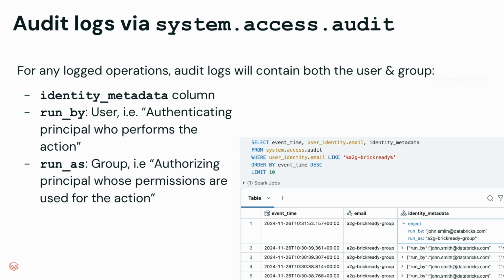The run by is the authorizing principal, so single user or group, and then the run as is whoever the user was logged in as when they executed that command on the dedicated cluster. Both of those pieces of information are available in the audit logs, so there's always a record of, hey, this command to drop a table came from a group cluster, but it was actually run by so-and-so, so you can go yell at them for dropping a table that they shouldn't have.